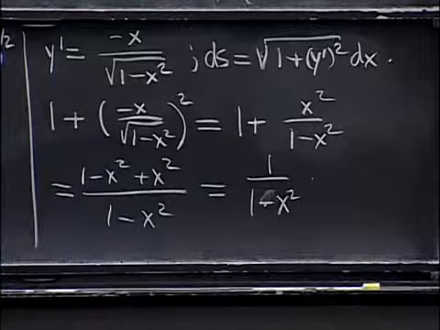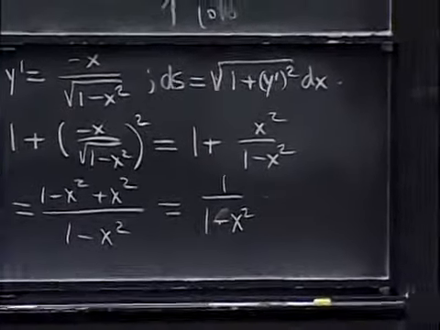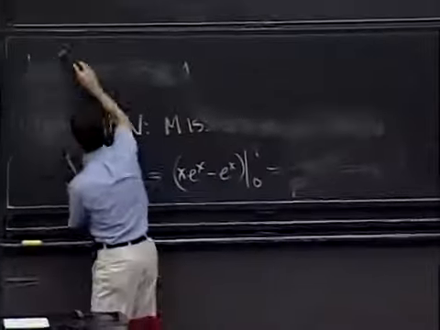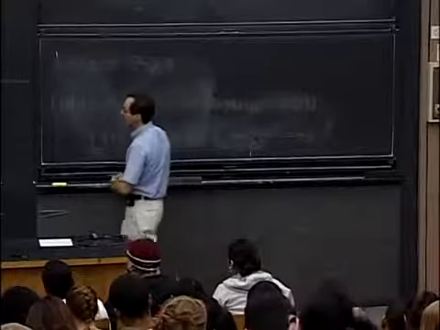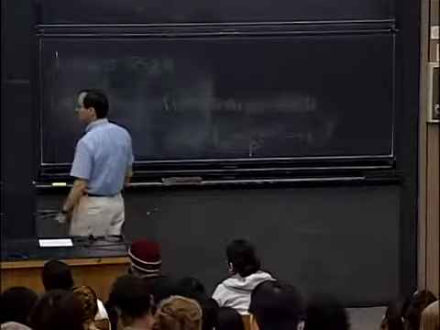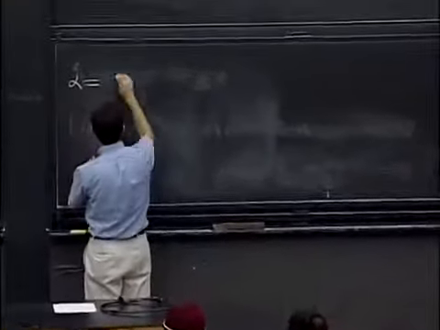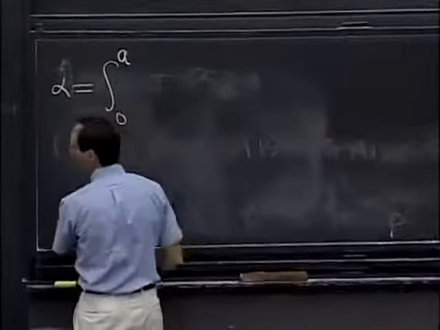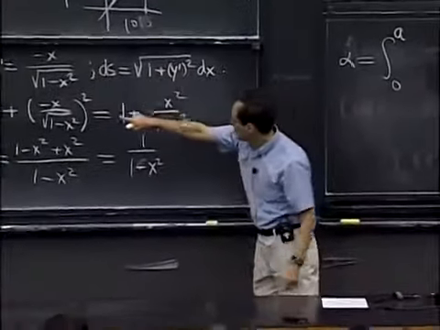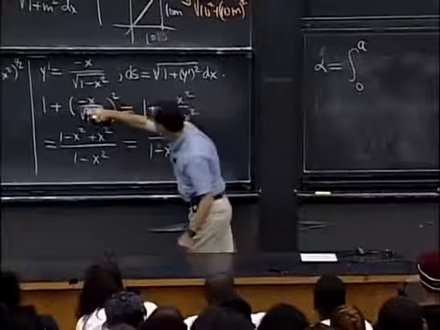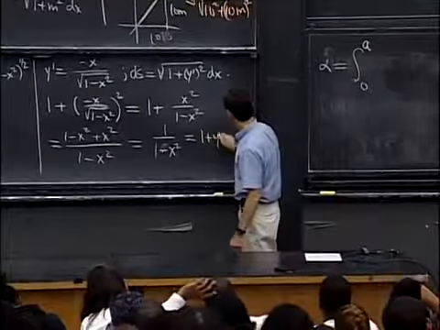All right, so now I get to finish off the calculation by actually figuring out what the arc length is. This alpha is equal to the integral from 0 to a of ds. It's going to be the square root of what I have here. This was just what was underneath the square root sign, 1 plus y prime squared.